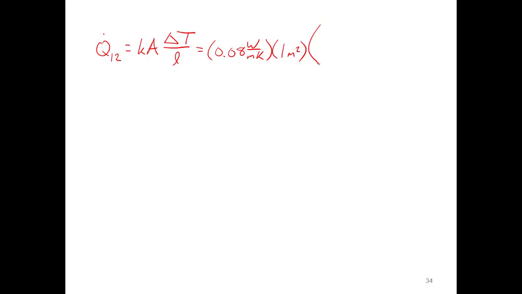And the delta T is the 200 degrees C boundary condition minus what we solved for, 162.3 degrees C, all divided by the length, which was 0.05 meters. If we solve that out, we get 60 watts. So the question is, do we get 60 watts between our other two nodes?